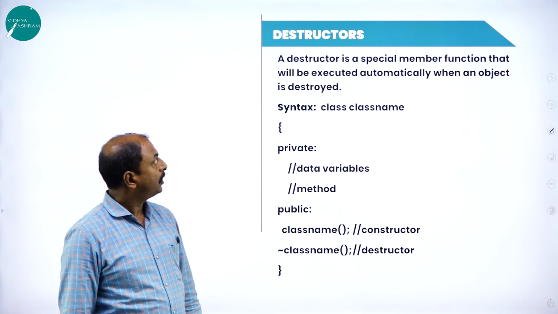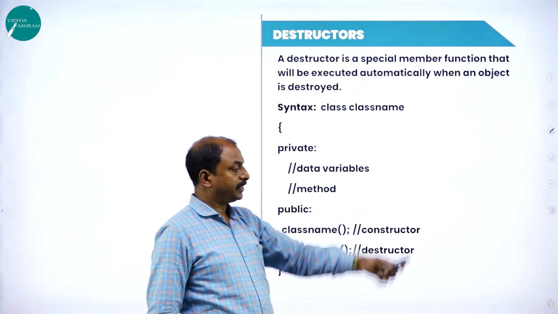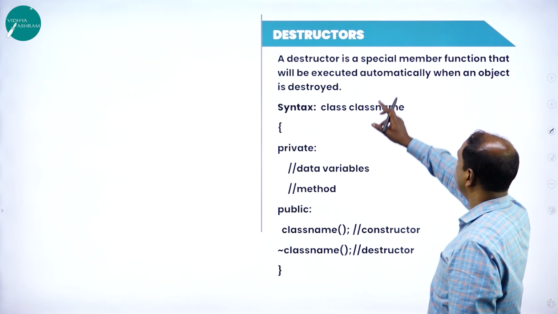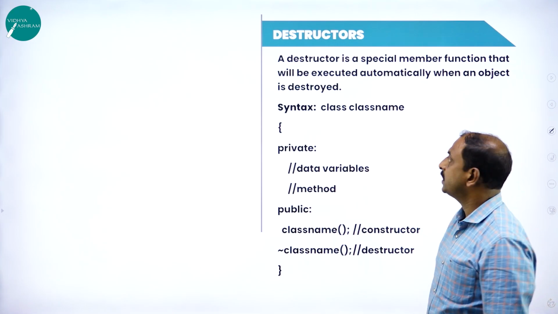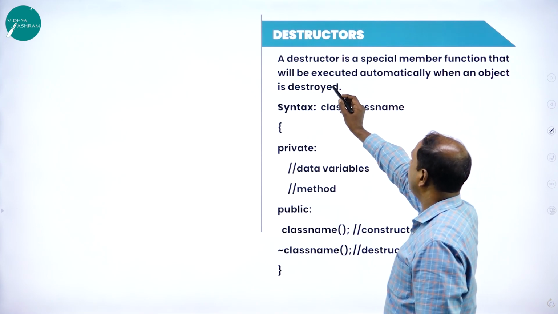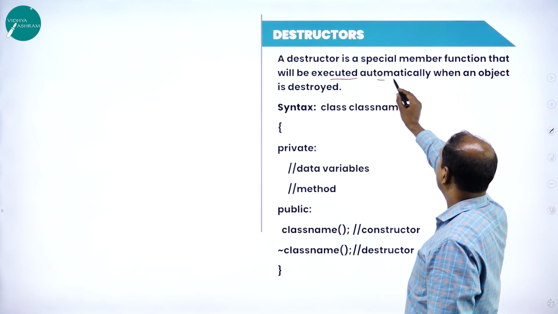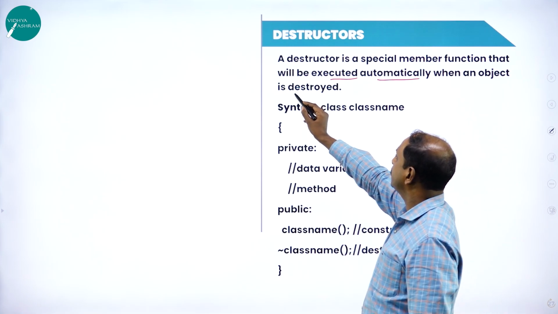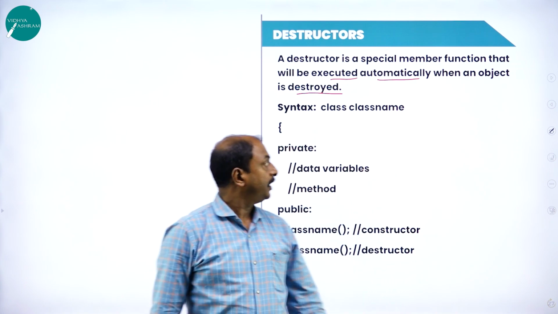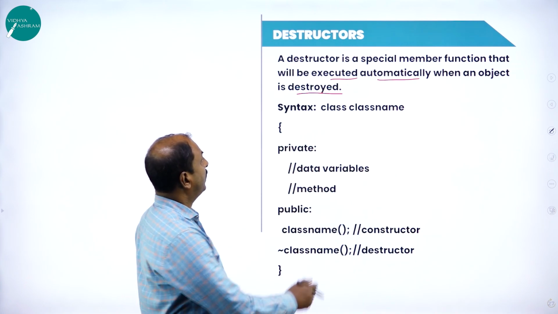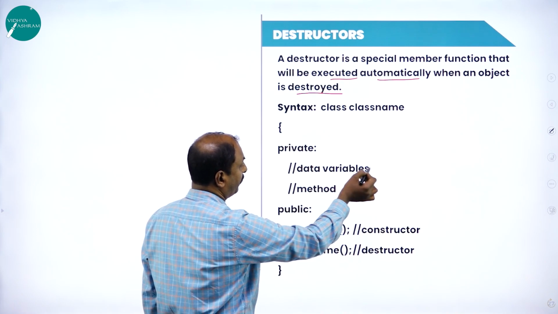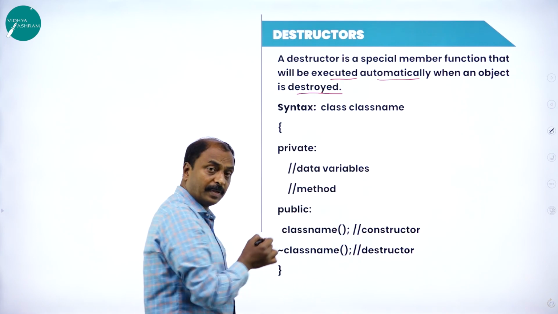Now the next concept is destructors. We have learned so far about constructors. Next is the destructor. So what are destructors? A destructor is a special member function that will be executed automatically when an object of a class is destroyed. This is the definition of a destructor. Look at the syntax. It is class, class name, and under this we have private data variables and member methods.